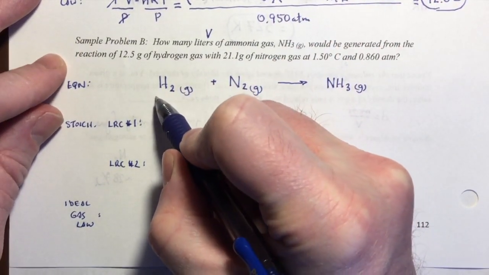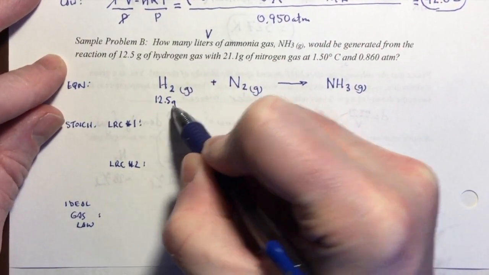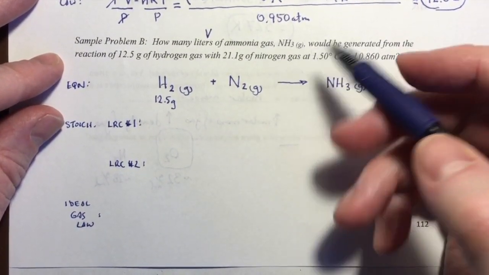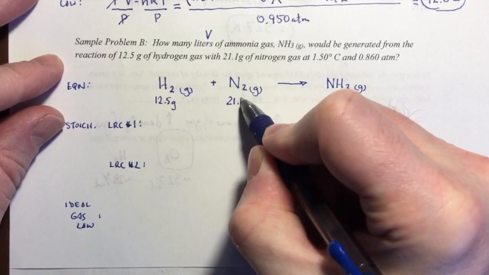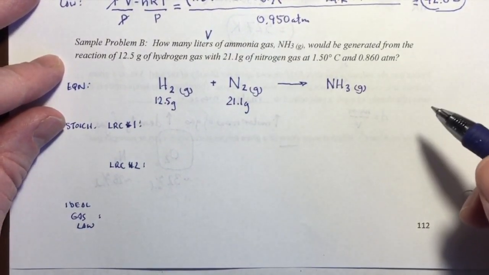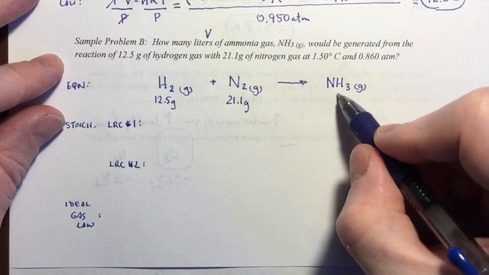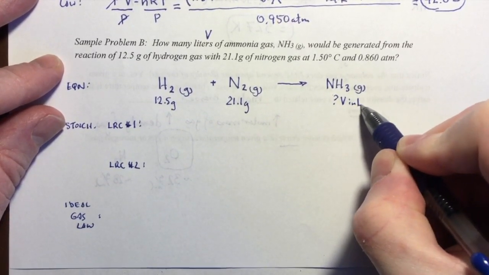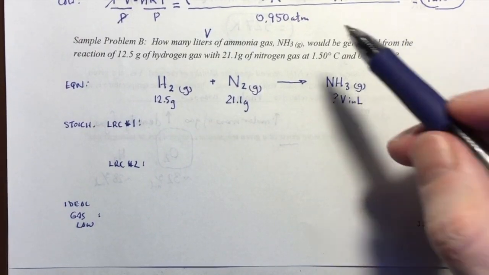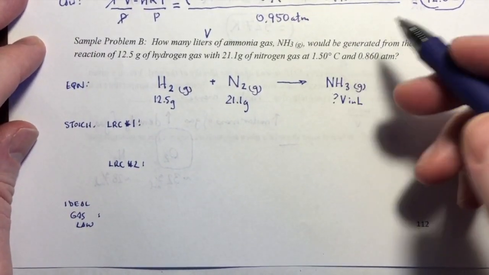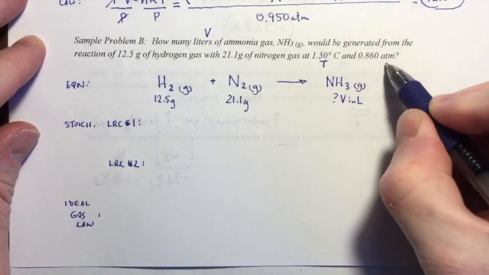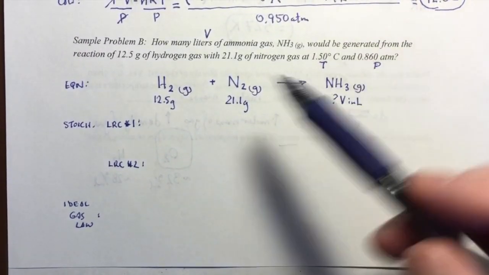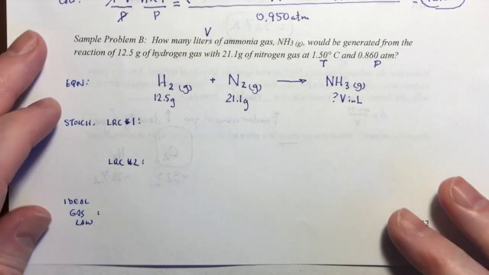So in my equation, I've got 12.5 grams of hydrogen gas and 21.1 grams of nitrogen gas. And I'm looking for the volume of this in liters. And I'm given a temperature right here, and I'm given a pressure, okay? And those will be useful when I get down here to my ideal gas law.